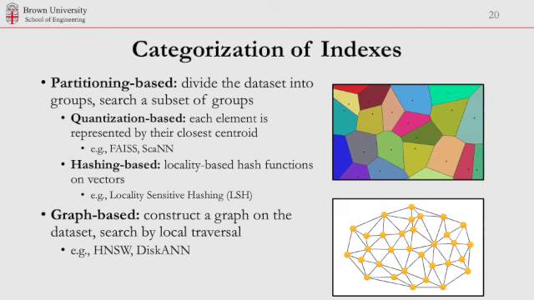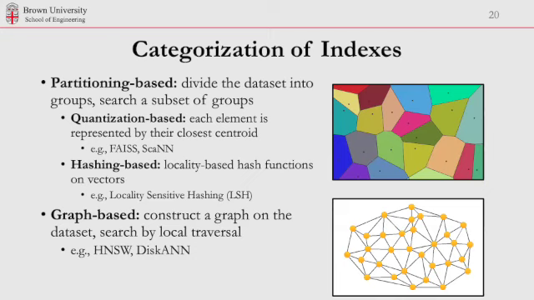And that defines an inverted index. So when the query comes in, it sees who its closest centroids are, and it can search the lists corresponding to those centroids. Examples of these are the Faiss index and ScaNN. Faiss is by Facebook, now Meta. ScaNN is by Google.